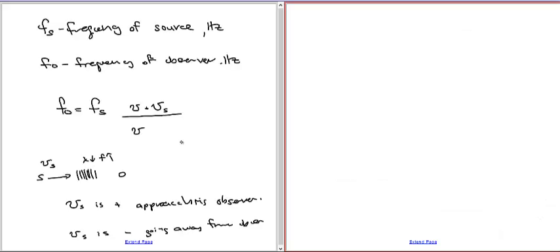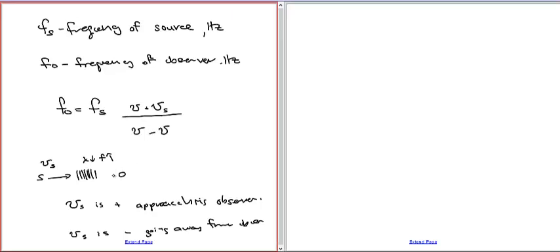Now, in the denominator, you have the velocity of the observer, and what we're trying to do there is, if we want the frequency to go up, then we want to subtract it from the denominator.